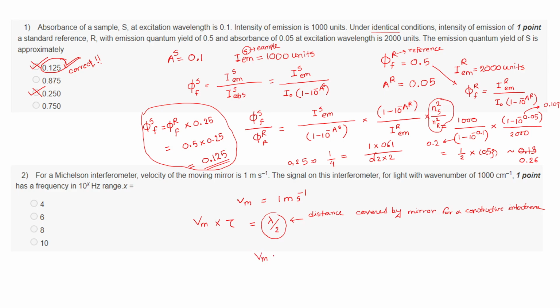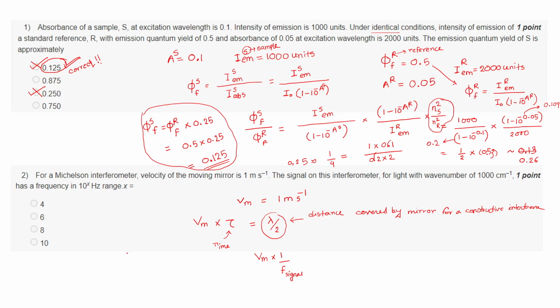So that gives us Vm. Tau is 1 upon frequency, right? Frequency of the signal, and tau is the time taken to cover this distance.